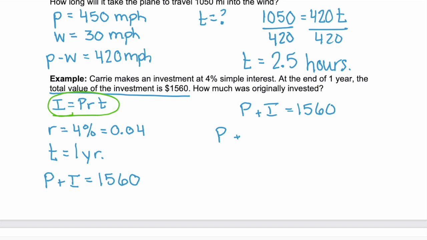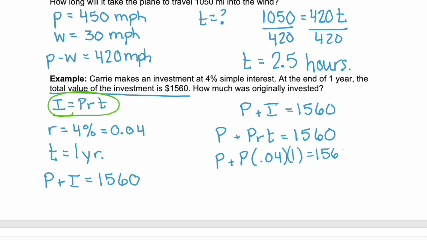So let's replace I with PRT. Because we know all of the values here except for P. So that would be P plus P times R, which is 0.04, times T, which is 1, equals 1,560.